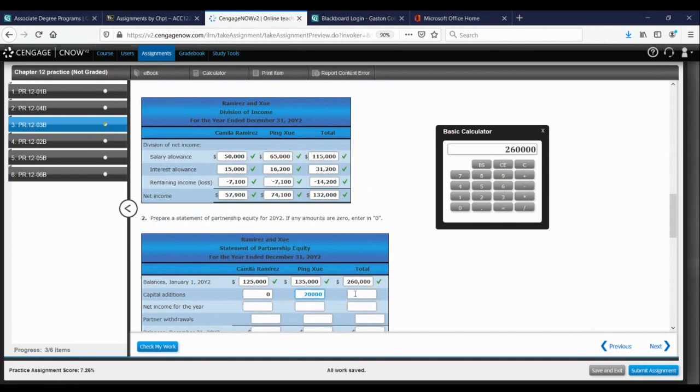So the total capital additions is $20,000 for both partners. Then we're going to put in the net income that we divided for each partner. Remember, from the division of net income, we calculated 57,900 that would go to Ramirez.